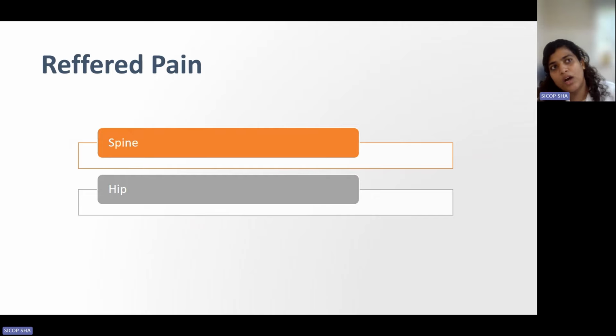Sometimes the pain is referred from the hip or lumbar region, but we diagnose it as a knee pain. So that gives the patient temporary relief and the root cause is not properly diagnosed. So we need to look into it.